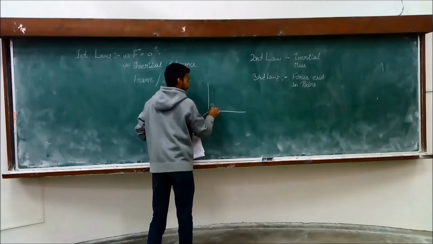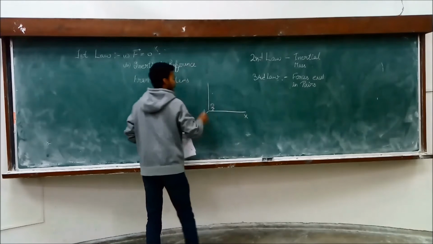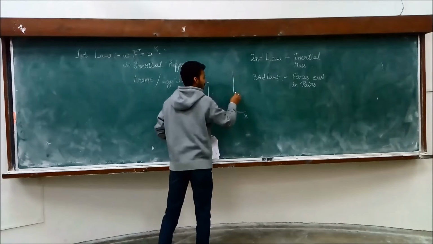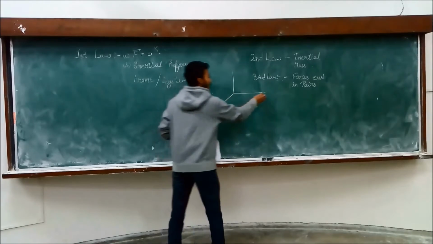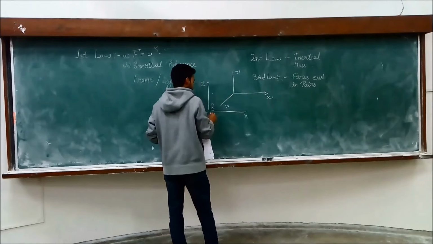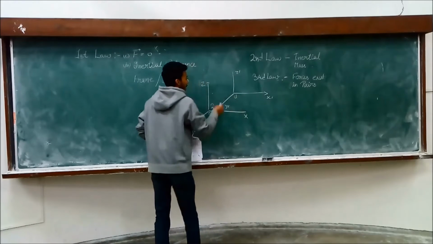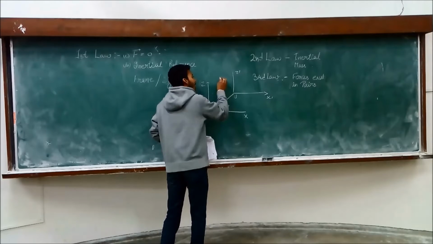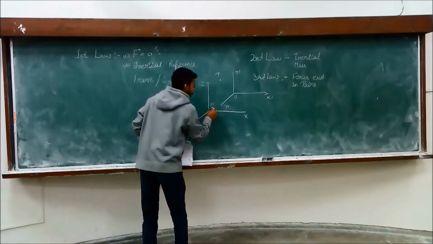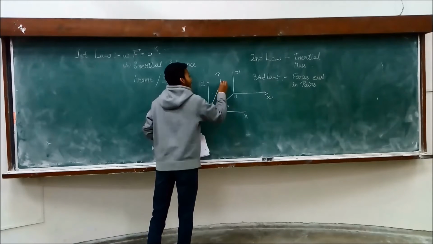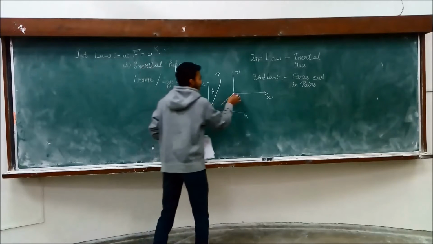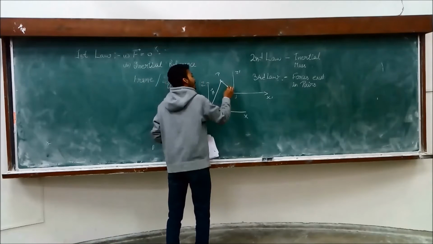One has his frame X, Y, and Z, and another person here has his frame X1, Y1, and Z1, with origin O, and we want to talk about the point P here. From his perspective, the point P has position vector r, and from this perspective, the position vector is r dash.